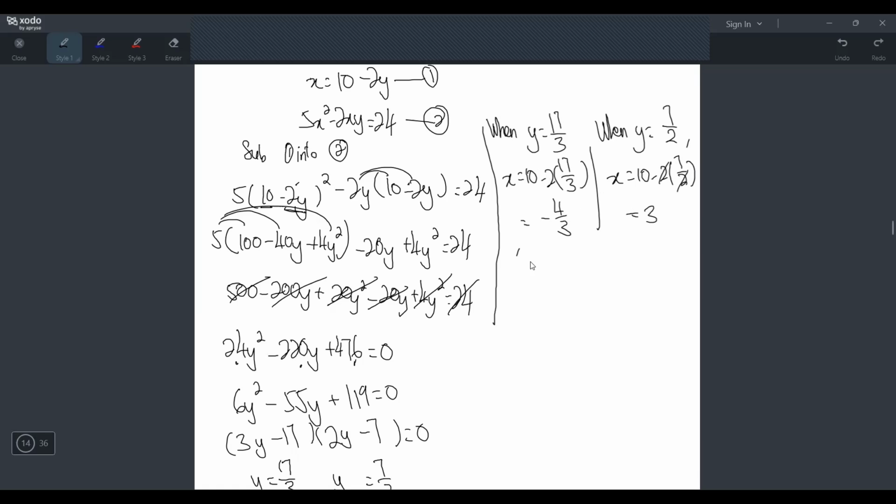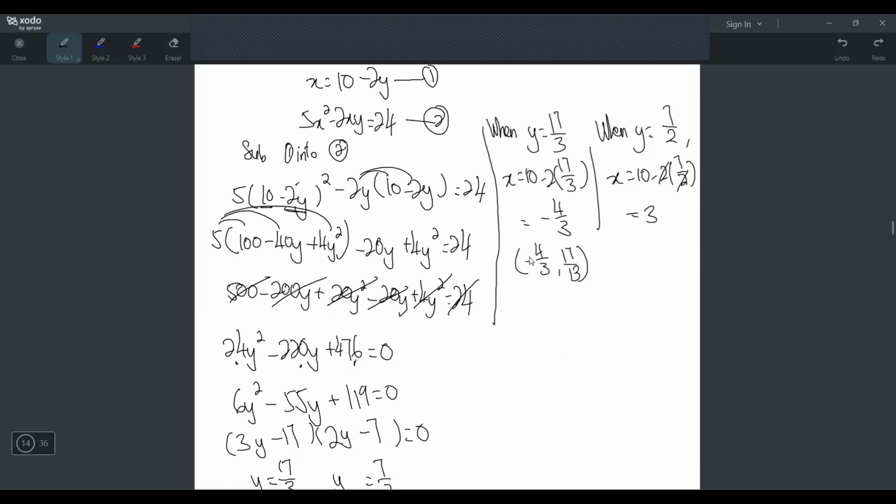So what is your first coordinate of the intersection point? Negative 4/3, 17/3. When we write coordinates, we cannot write like this: y equals 17/3, and then x equals 3. Cannot. This one is a coordinate. A coordinate, we have to write in a bracket. That's how we write points, right?